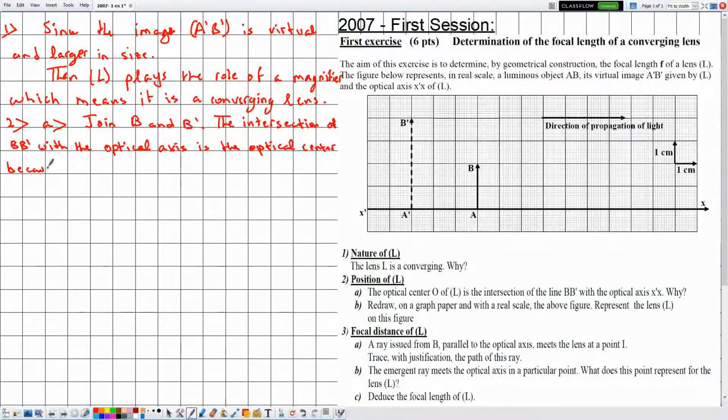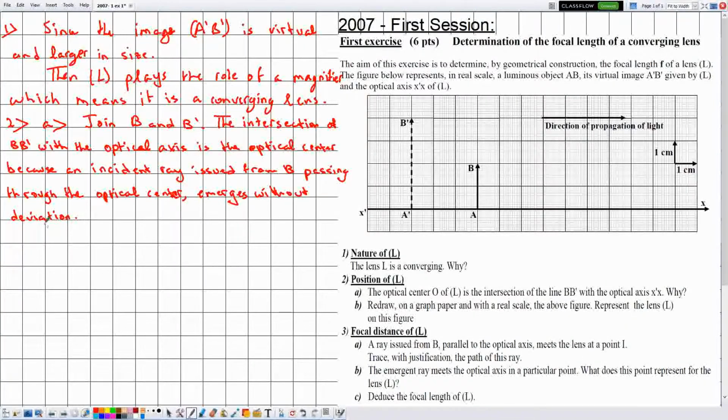Because an incident ray issued from B passing through the optical center emerges without deviation. So this is it for part A.